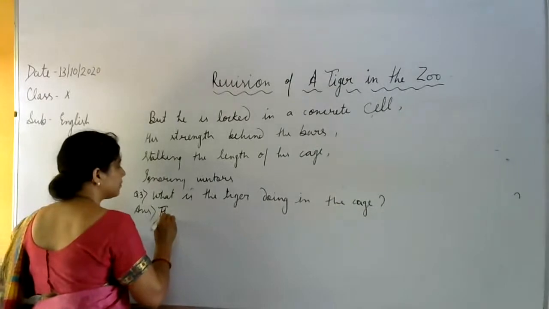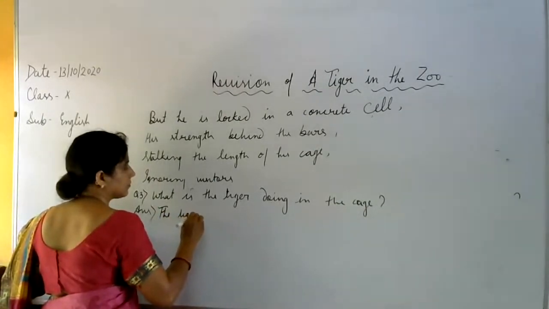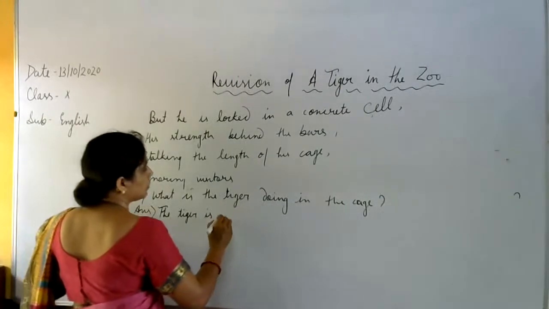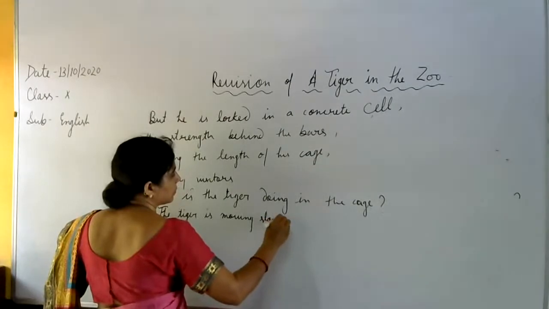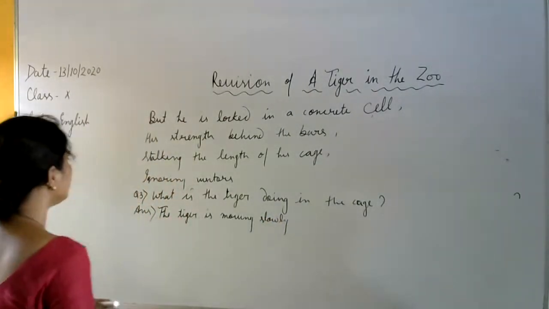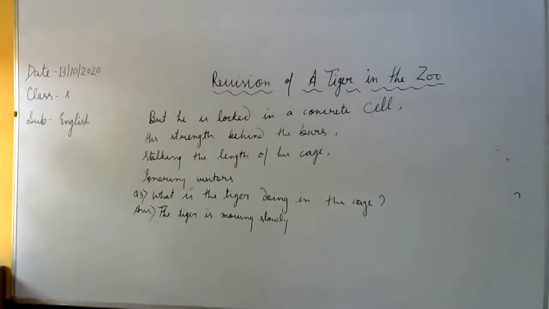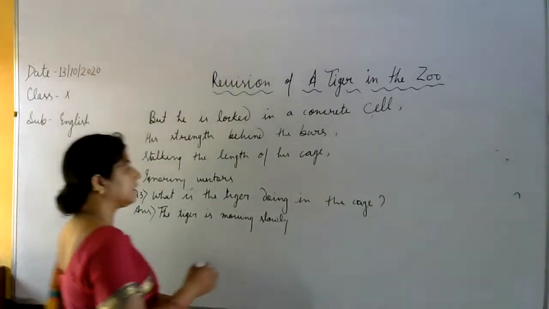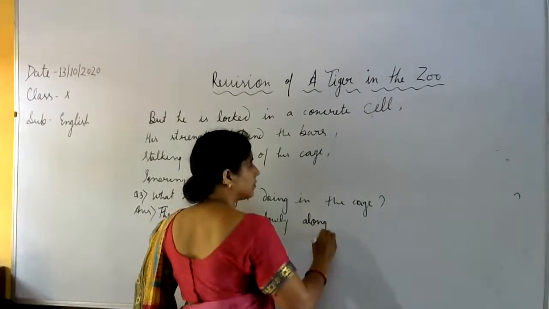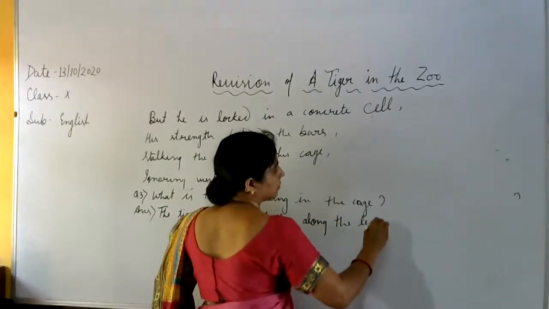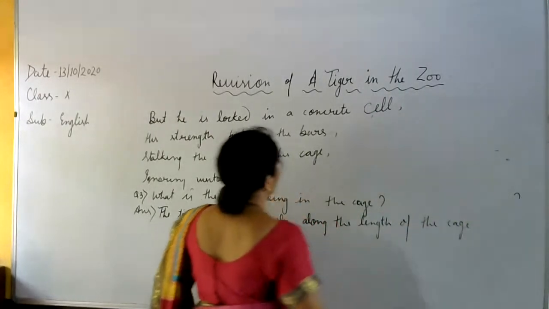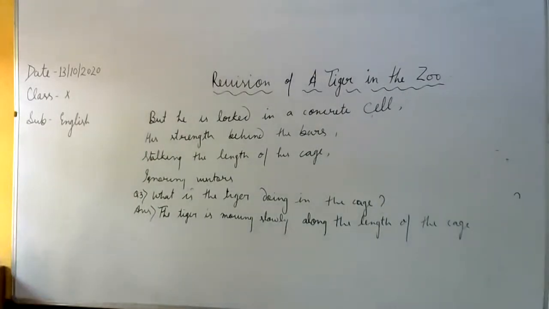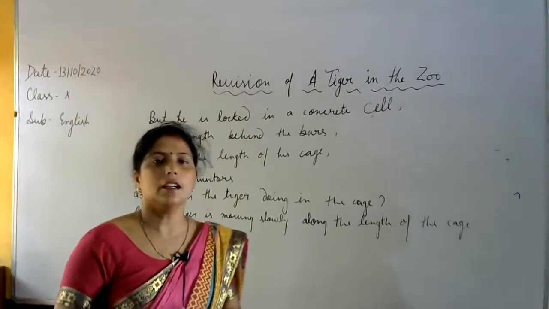What is the question? What is the tiger doing in the cage? The tiger is moving slowly along the length of the cage.